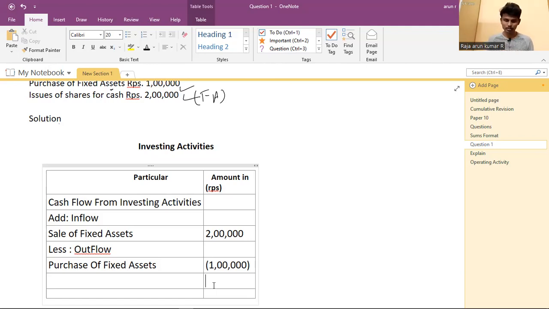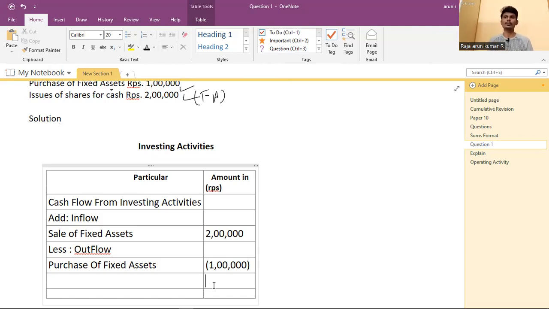So accordingly, the simple concept is that if cash comes into the business, it is an inflow. If cash goes out, like a cash payment to some X or Y, or a repayment of a loan, that is a cash outflow.